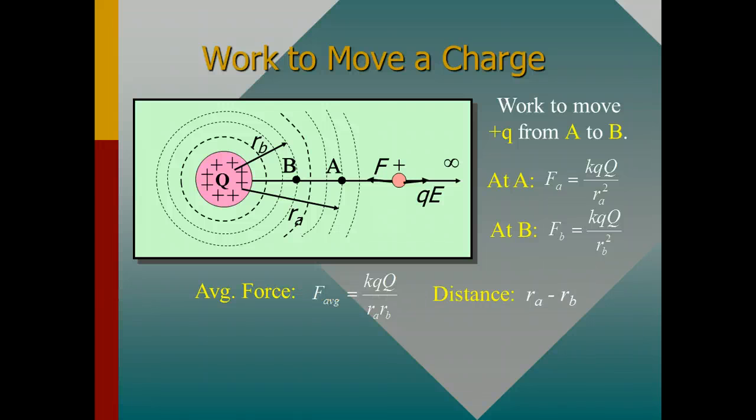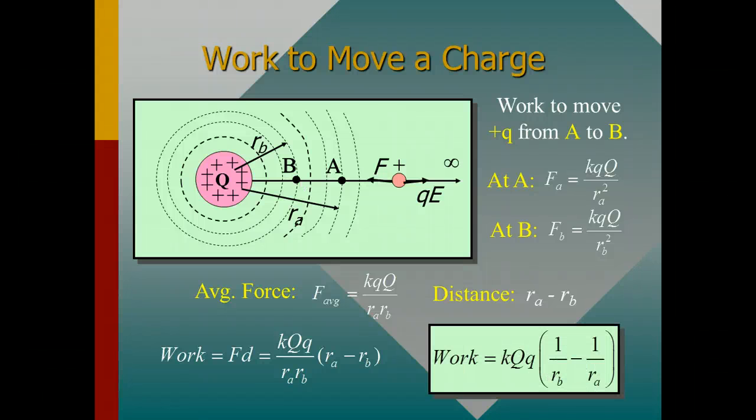Remember, the distance is Ra minus Rb, because that's from here to here. And so the result is that my work is kQq over Ra times Rb, multiplied by the difference in distance. Using another little trick of algebra, I get this as my work. So the work required to move a charge from one location to another is given by that equation right there.